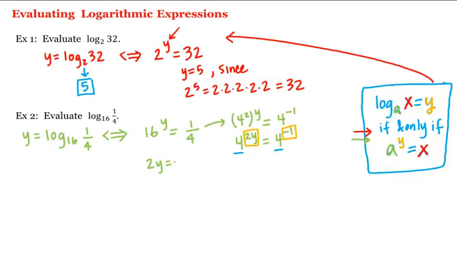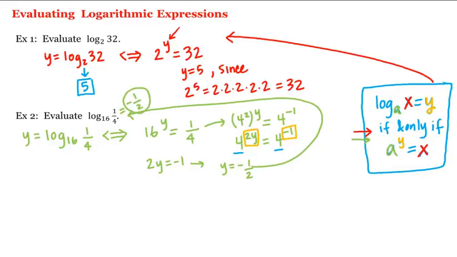That is, 2y is equal to -1, or dividing both sides by 2 gives us that y is equal to -1/2, which would be our answer here. That is, log base 16 of 1/4 is equal to -1/2.